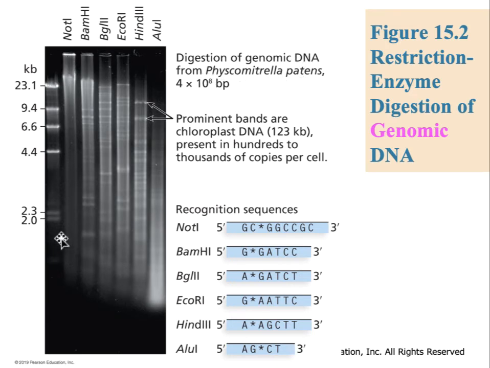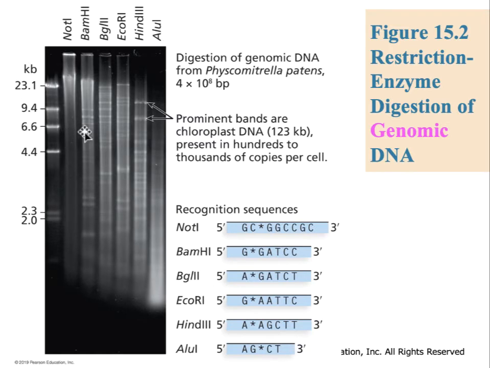And you can see here, by using different restriction enzymes, AluI, HindIII, EcoR1, BglII, BamHI, and NotI, you get different profiles, because each enzyme recognizes and cuts, that's where the asterisk is, recognizes a different length and different sequence of DNA, with AluI cutting more frequently because it's a 4 cutter and it generates smaller fragments of DNA on average, whereas NotI is an 8 cutter and it generates larger fragments.